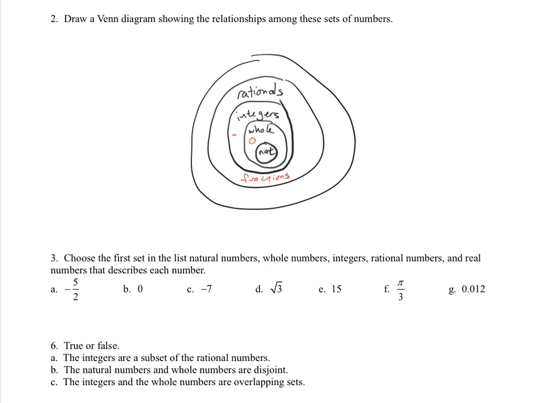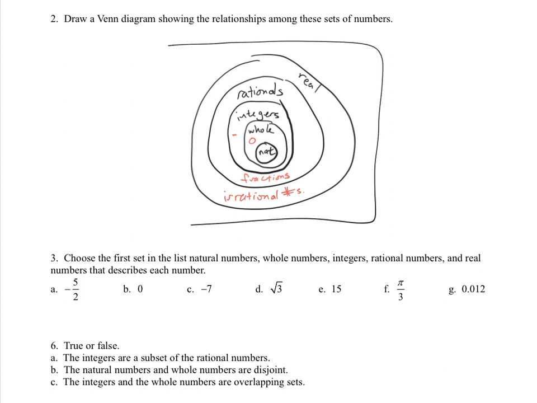is I keep expanding my bubbles out here, and I call this the real numbers bubble. So all the real numbers are in this bubble, and all of the rationals are in this bubble. That means everything between those two bubbles is where the irrational numbers are. And then lastly, this is not something that we talked about up above, but we have all of these numbers in a box here.